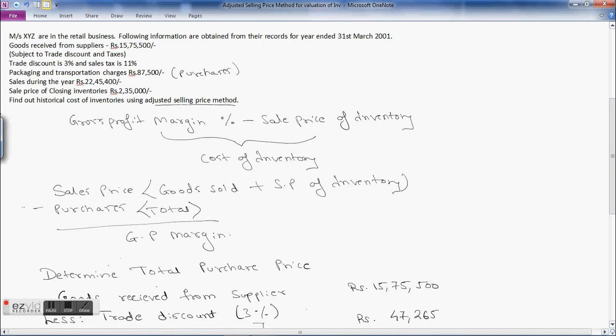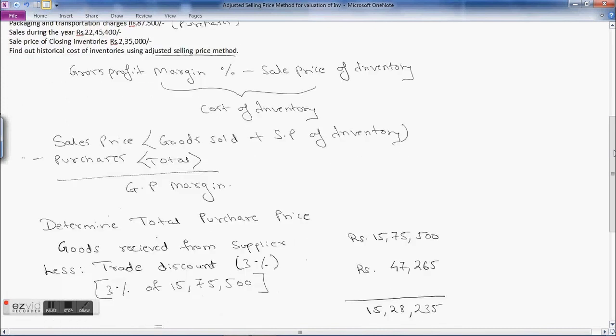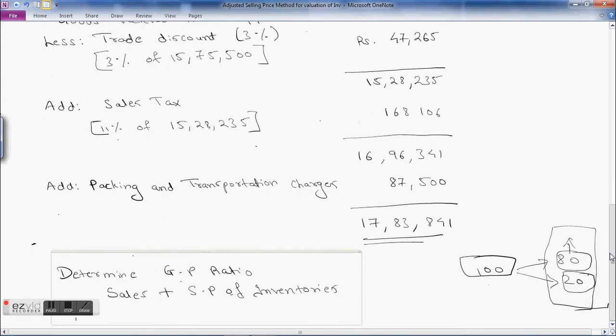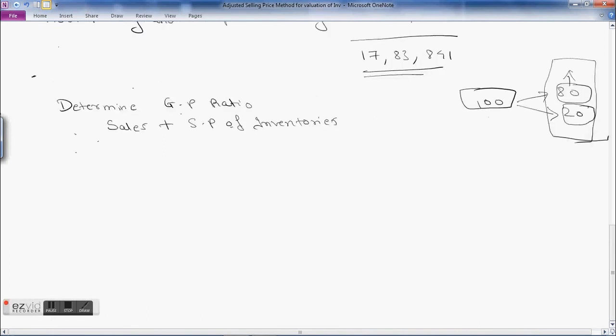What is the sales during the year? Sales during the year is 22,45,400 and selling price of closing inventory is 2,35,000. We'll just add it up.